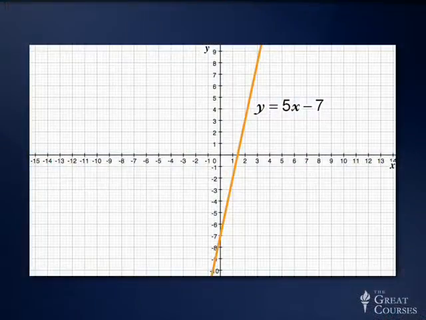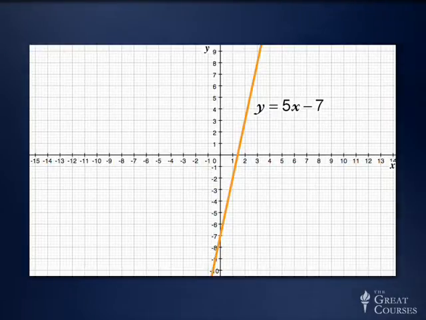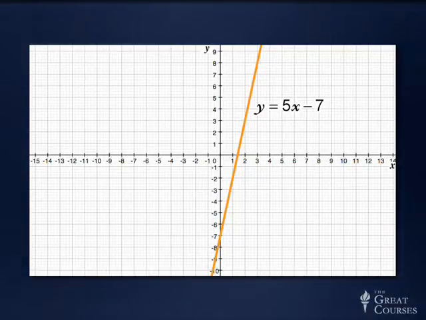So, for example, earlier we talked about the graph of the line whose equation was y equals 5x minus 7. It goes through -7 on the y-axis, and it has a slope of 5, so it's somewhat positive and steep.